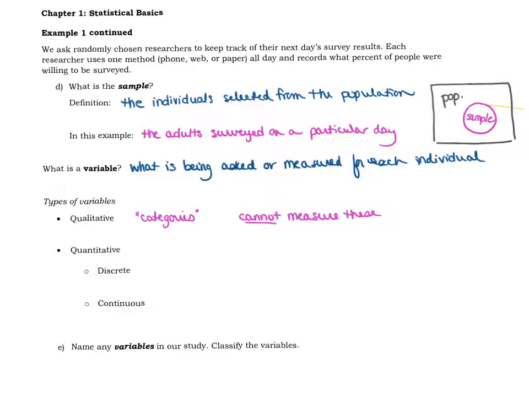All right, quantitative variables are more numerical. And these are going to be, again, numerical in nature. That doesn't mean like on a scale of 1 to 5, what do you think? That's a little different, okay?